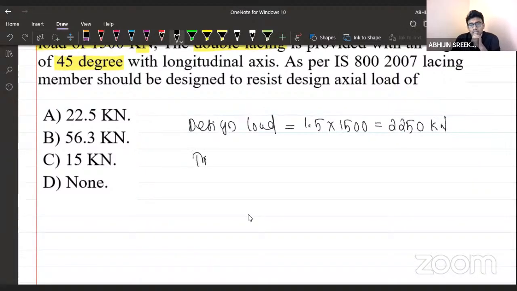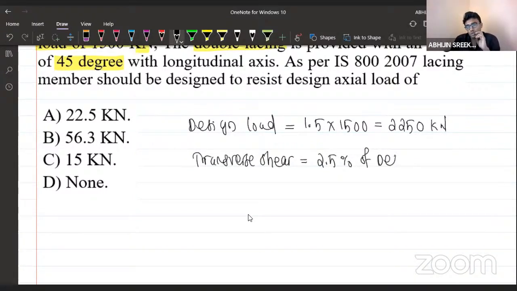And we need to calculate the transverse shear. In the case of a lacing system, what percentage will our transverse shear be? Yes, 2.5% of the design axial load.